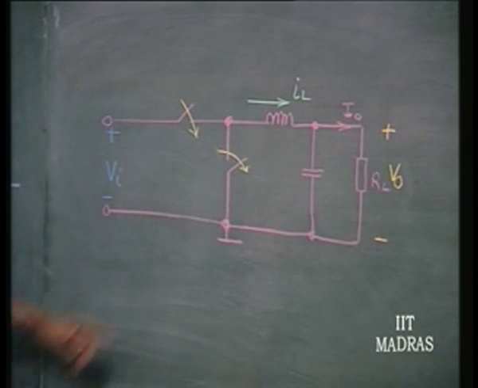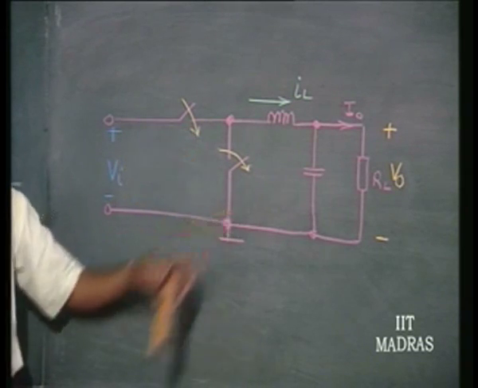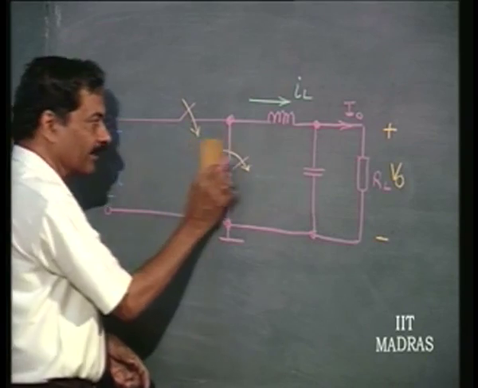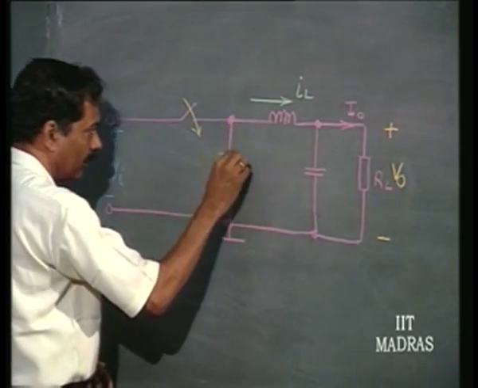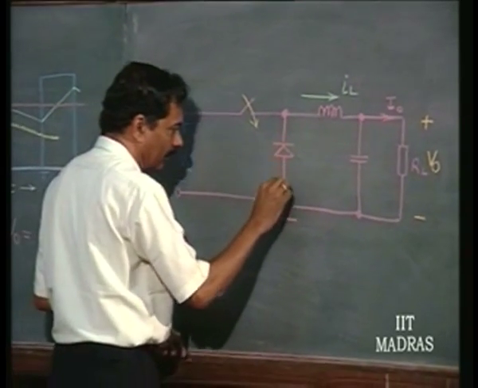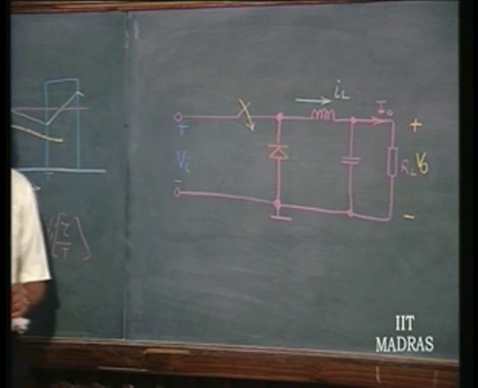Now, there is no need for a controlled switch like this here. This operation can be done simply by a diode, which is again a switch, but it is a 2-terminal switch.